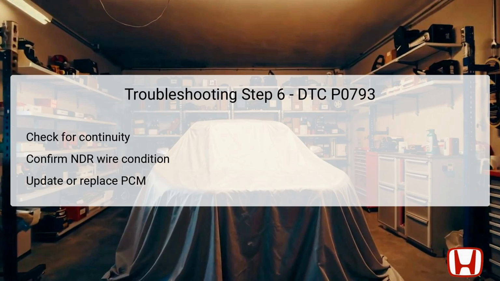The next action would be to check for updates on the PCM software, replacing it if required. If the continuity test fails, it would indicate an open circuit in the NDR wire between the sensor and the PCM, necessitating repairs before the problem can be resolved.